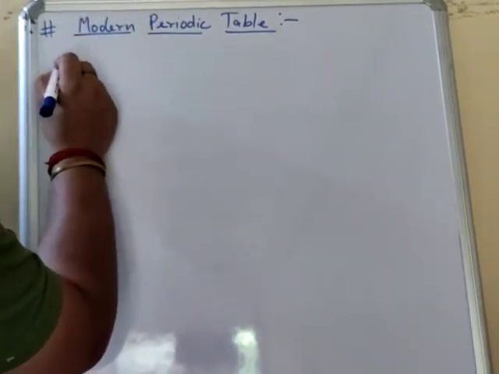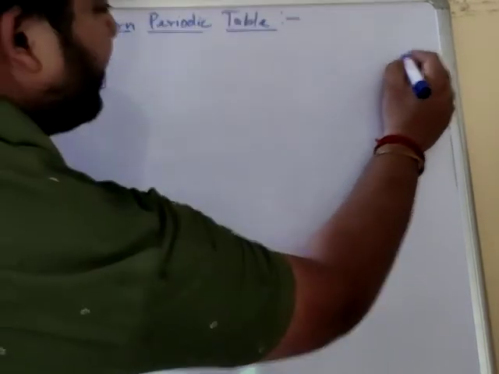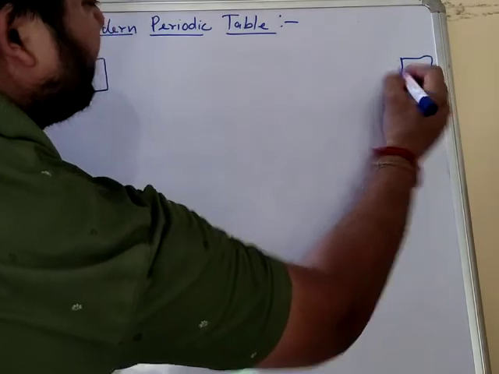Here you can see in the table, the first element is hydrogen. Here the first element is helium.